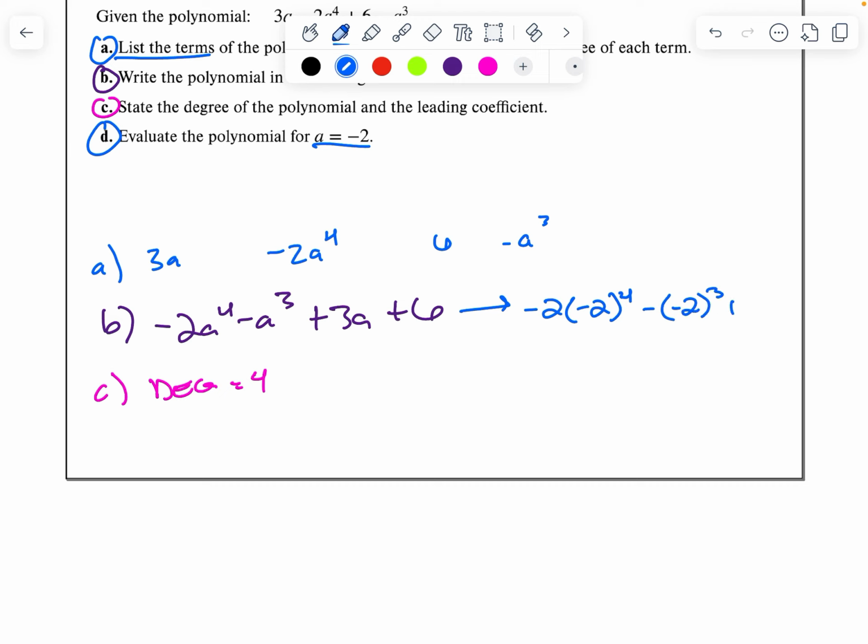And every time we evaluate, we're going to put that variable in parentheses every time. And so I'm just putting a -2 in to the blank there. And I'm going to do each piece separately. And then if I combine all of those together, I'll get -24.